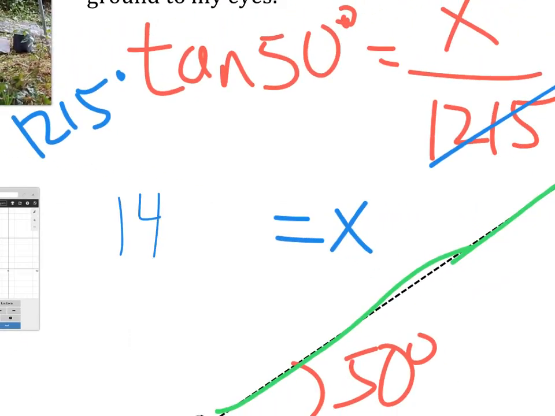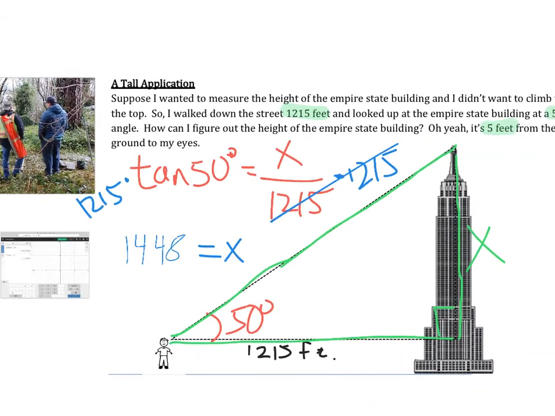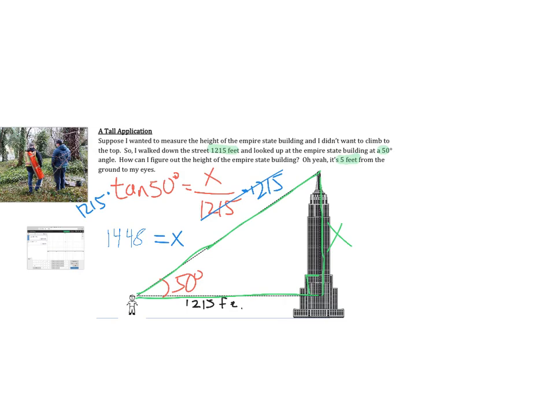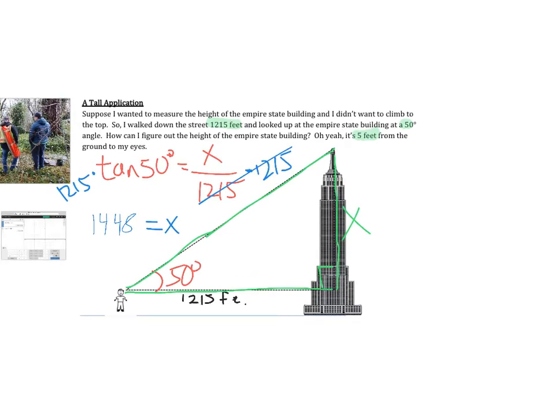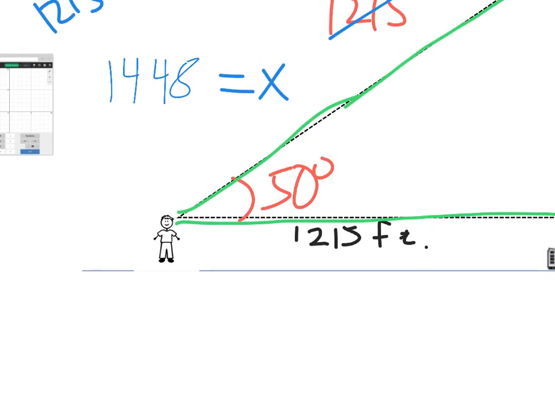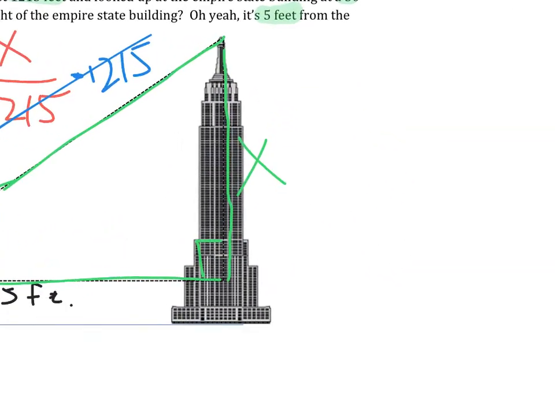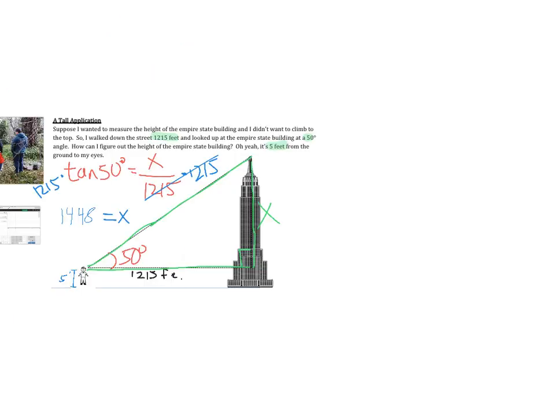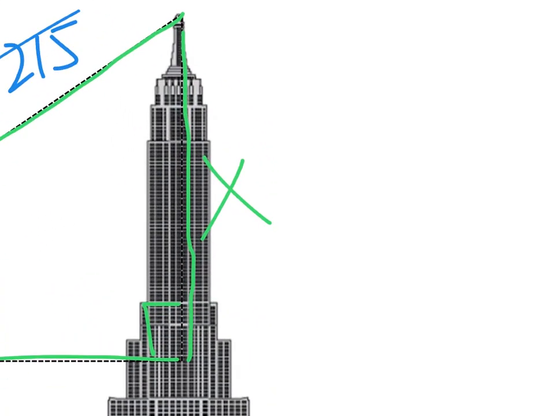So the question is, is 1448 the answer? Is the Empire State Building only 1448 feet to the tippity top? Well, that's real close, but we're actually missing something. Remember, we said that the height to my eyes here is 5 feet. So x is 1448.